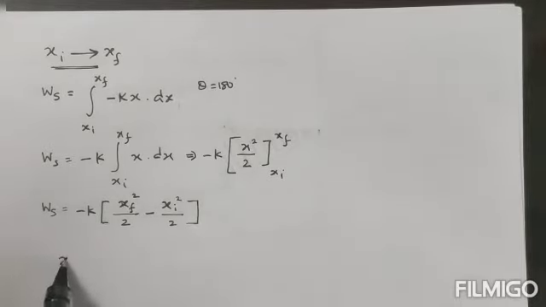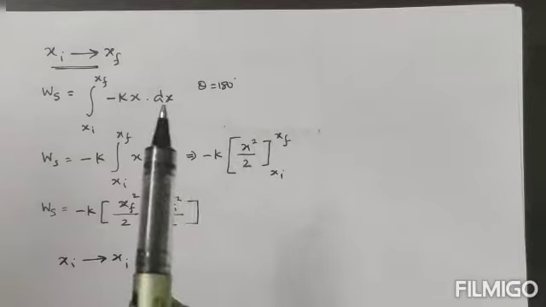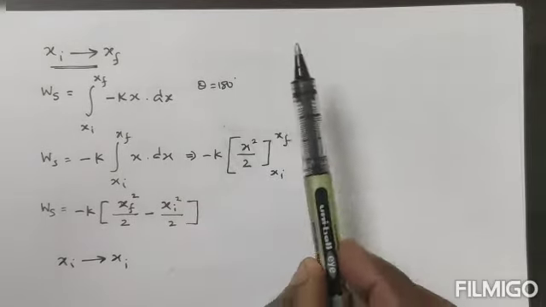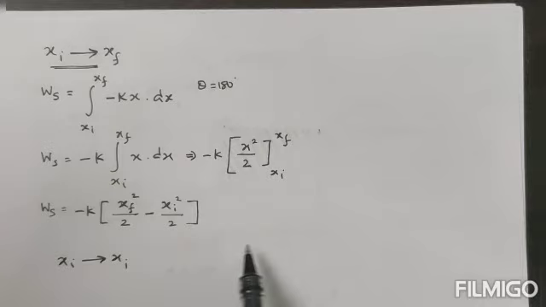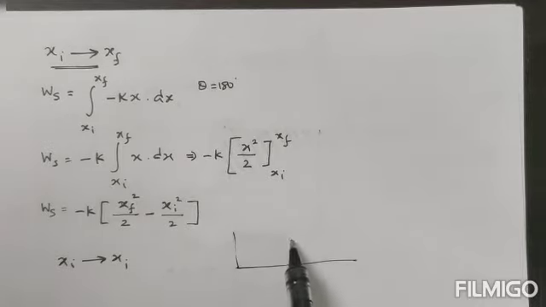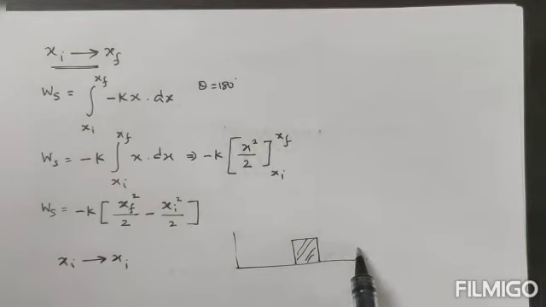Suppose the initial position and final position are the same, that means the block is at the equilibrium position. Now we apply the force and extend it, again we release the force, it will travel in the opposite direction, and finally it will reach the initial position again.